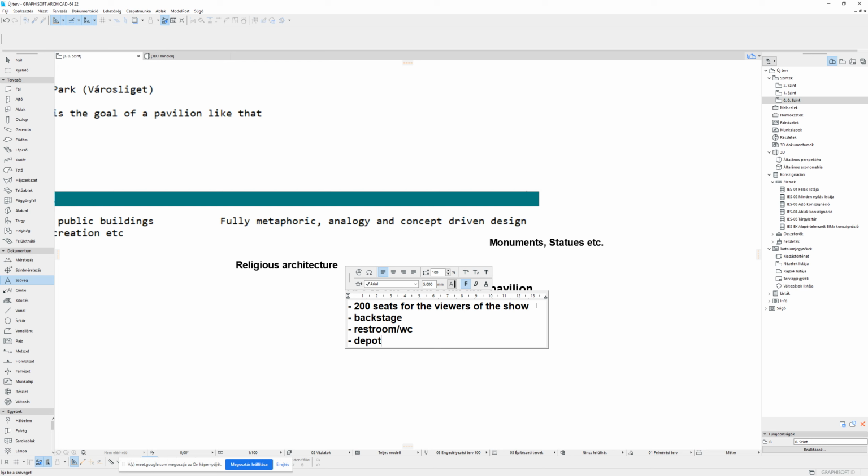Depot, or what do we call that? You know, where we put down the clothes and... excuse me? Storage. Yeah, a depot and storage, a huge storage.